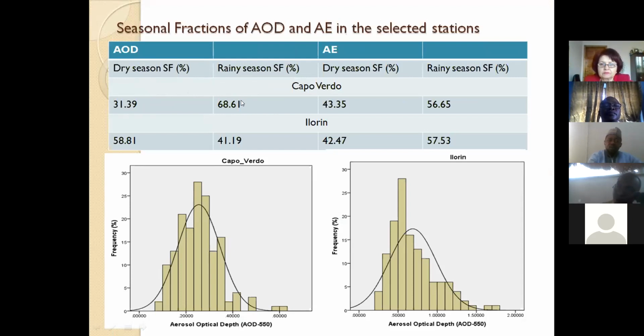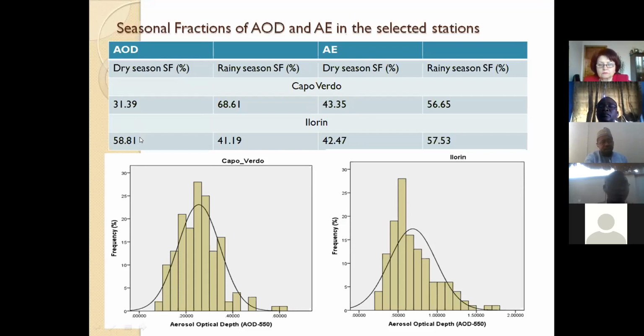The rainy season is supposed to have clearer sky, but it means there is trouble with anthropogenic aerosol here, which determines the size of the particles in the atmosphere. We can see during the dry season we have a contribution of 43, but during the rainy season, 56, showing that there is still anthropogenic aerosol, which is even the most dangerous type of aerosol we can think of.